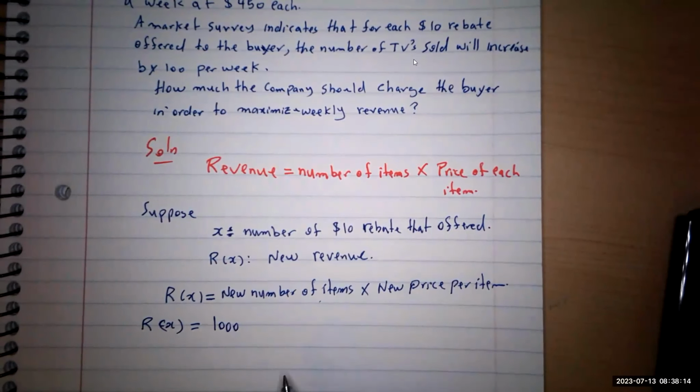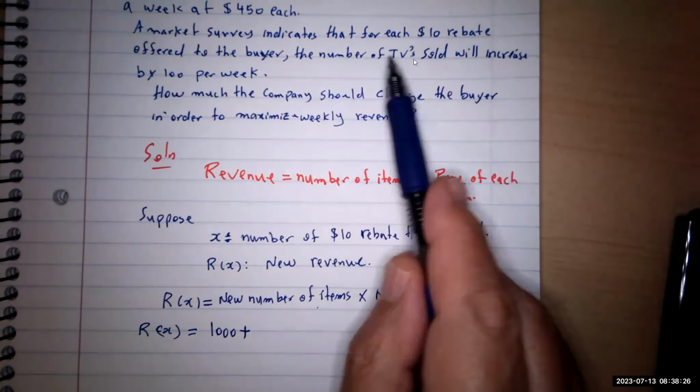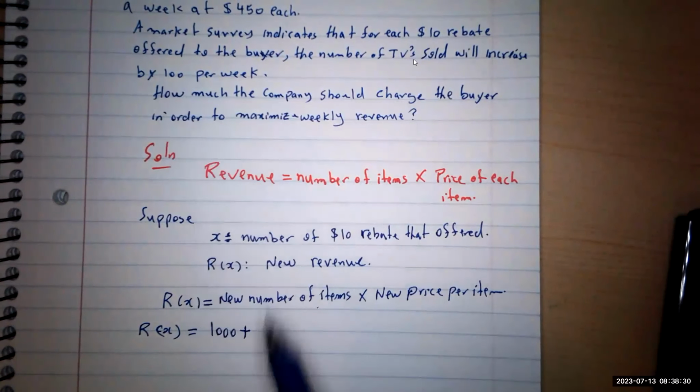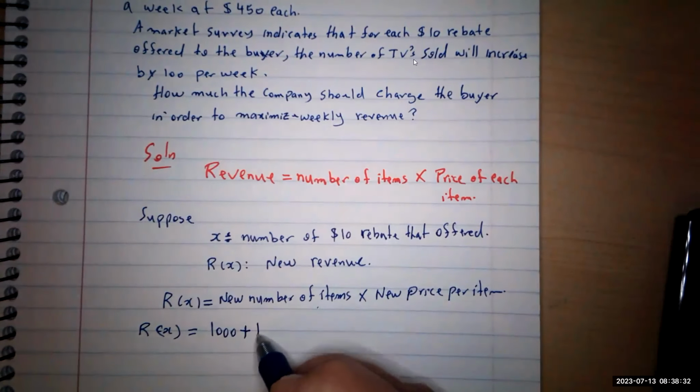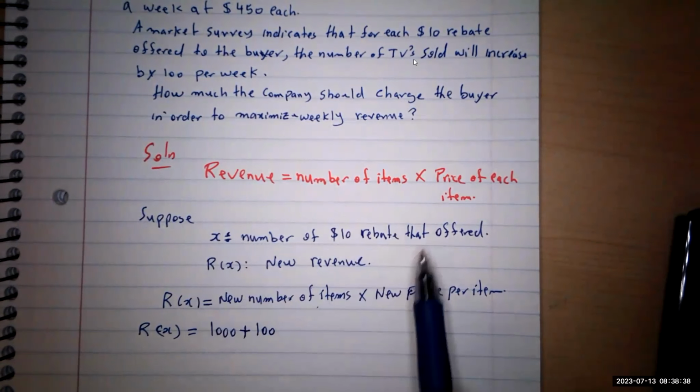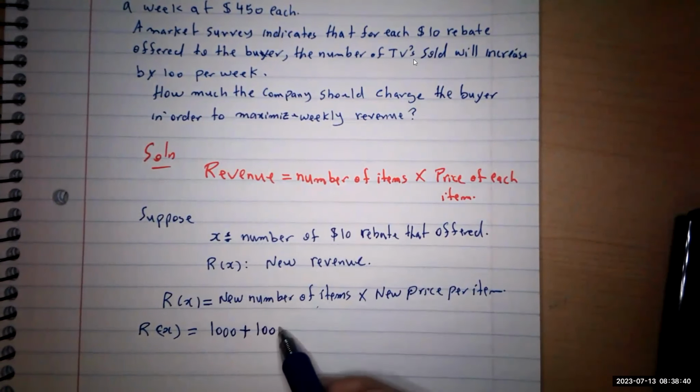So when you offer the rebate, this number is increased, which means it's going to be plus. How many TVs? When you offer the $10 rebate, you get 100 more customers. So it's going to be 1,000 plus 100. But how many times do you offer it? X number of times. So 100X.